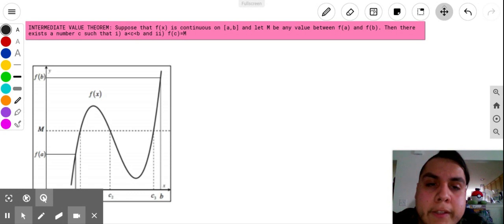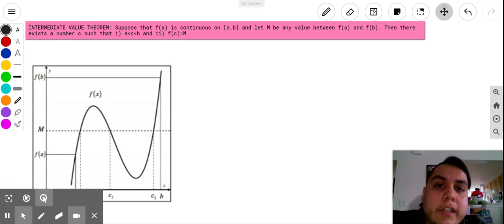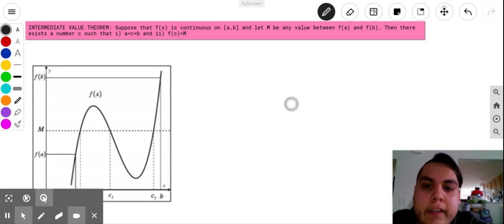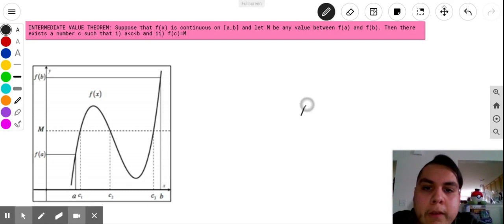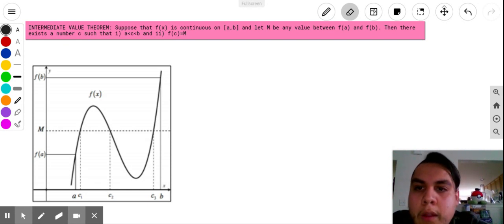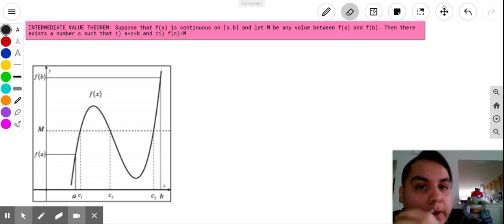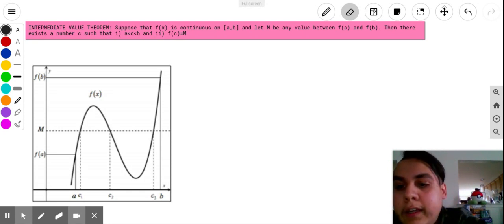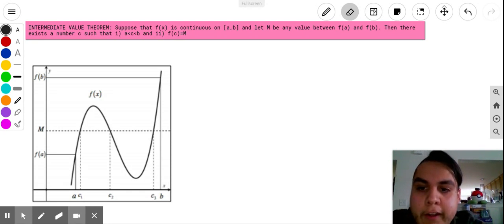So the best way to address this is to just take a look at the graph provided here, right? So here's what we got. Suppose that f of x is continuous on the closed interval from a to b. So that means that we have a function here, f of x.